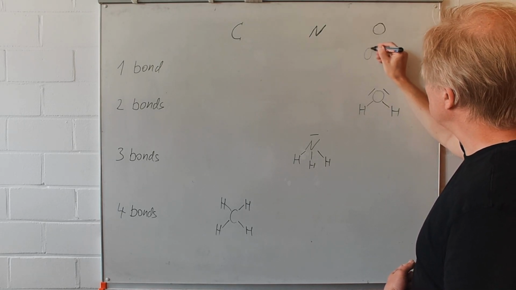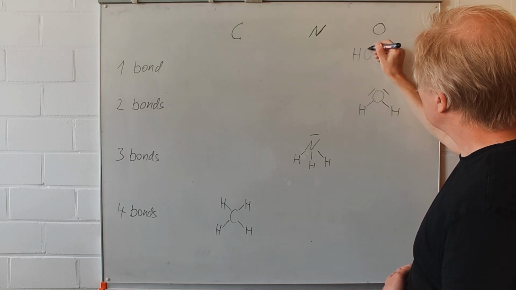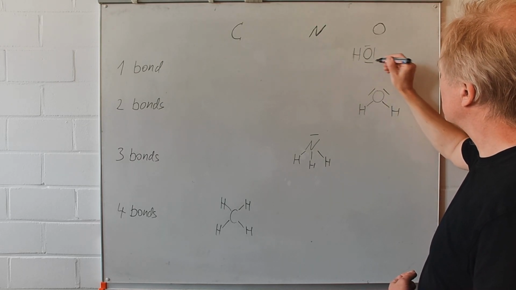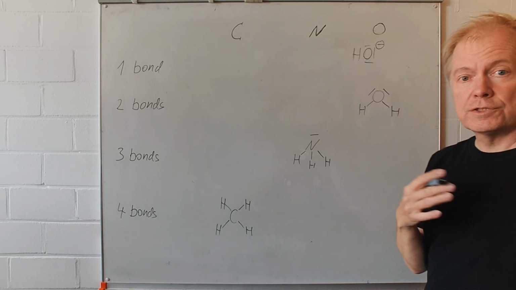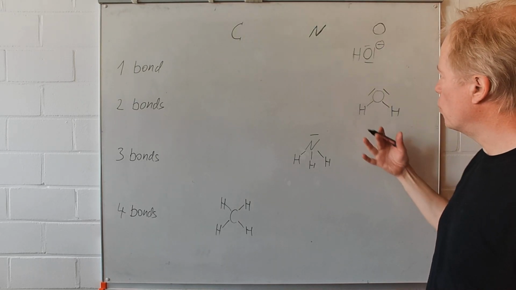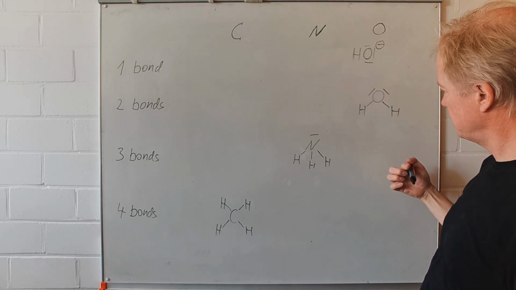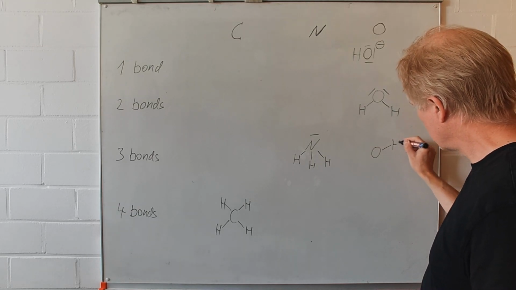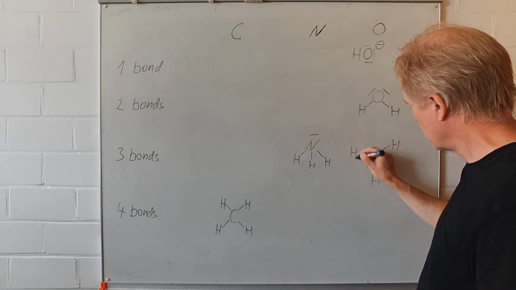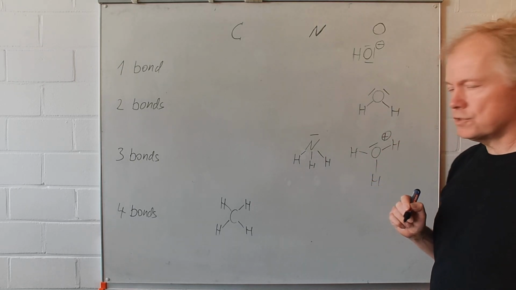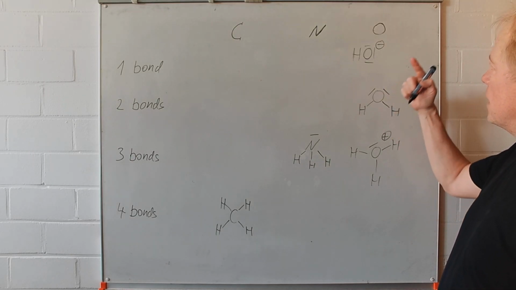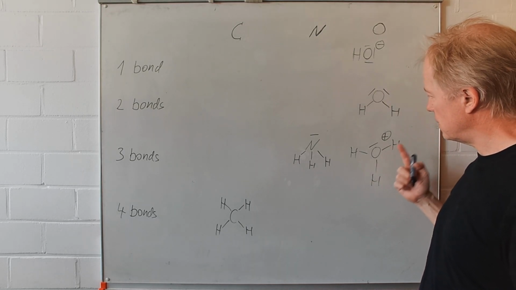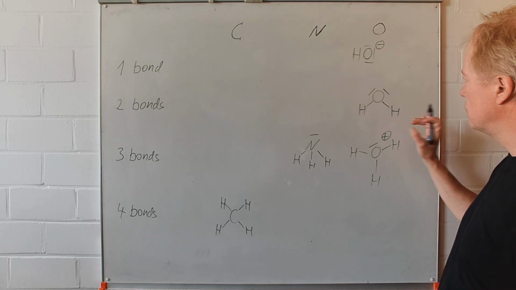Well, of course, we know there is the hydroxyl anion, which exists in equilibrium in water, in equilibrium with a 3-bonded oxygen, which is a cation. So hydroxyl anion and a hydronium cation exist in equilibrium with water.